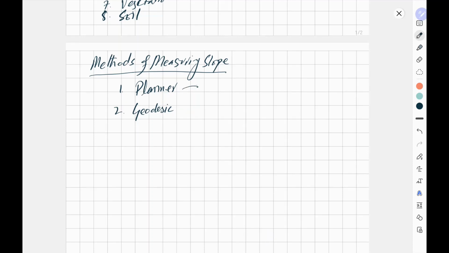In planar we use Cartesian coordinate system, while in geodesic we assume that the earth is ellipsoid, and for that we use angles.